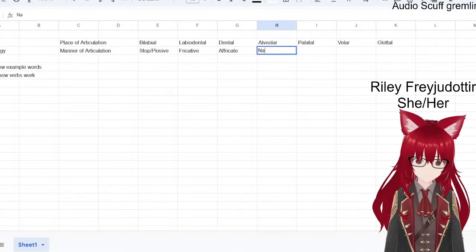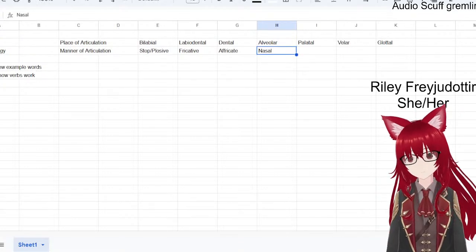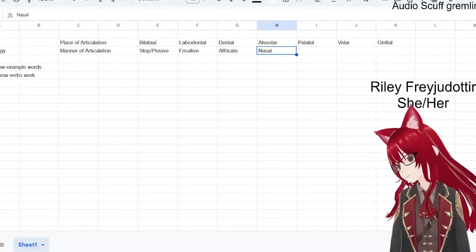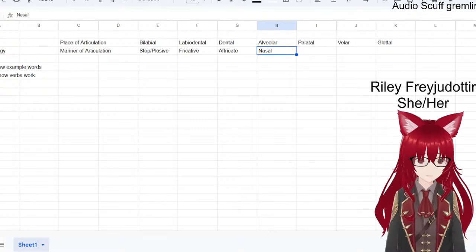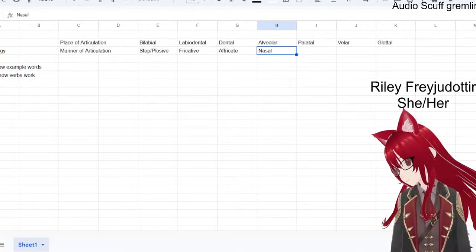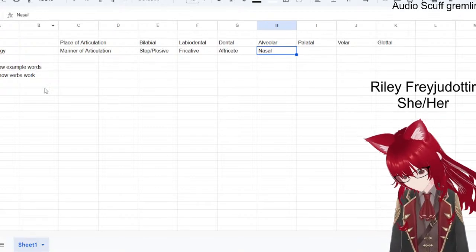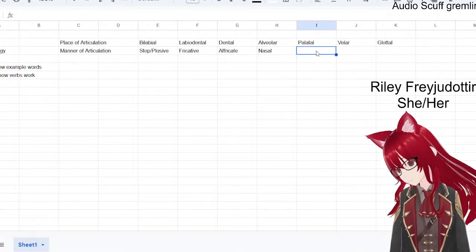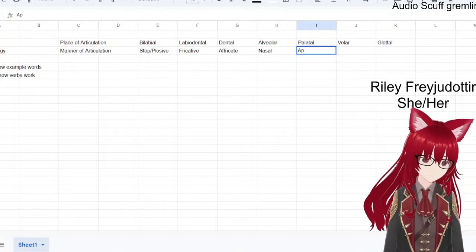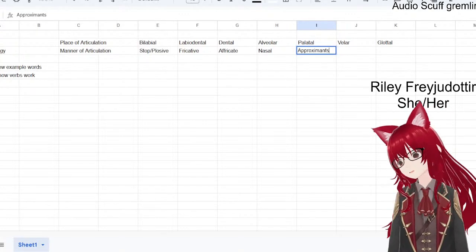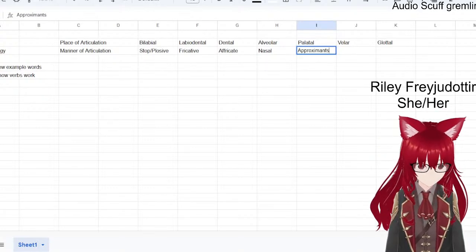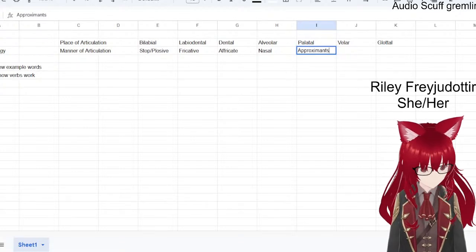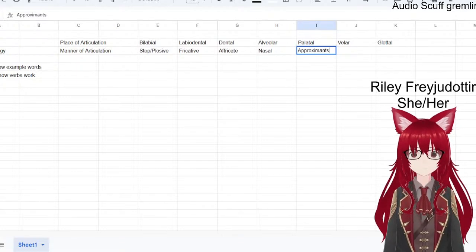There are also nasal consonants. That's your m, your n, and also your ng, the sound at the end of words like sing or ring or the suffix -ing. And then there are approximants.